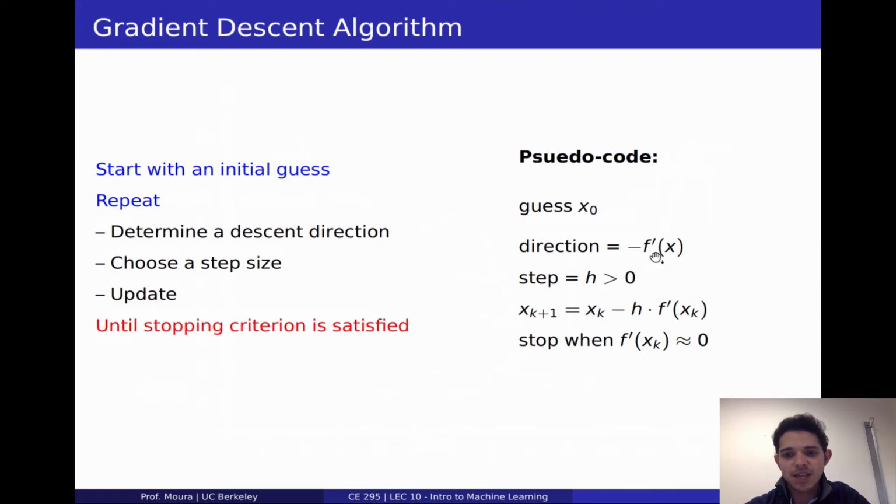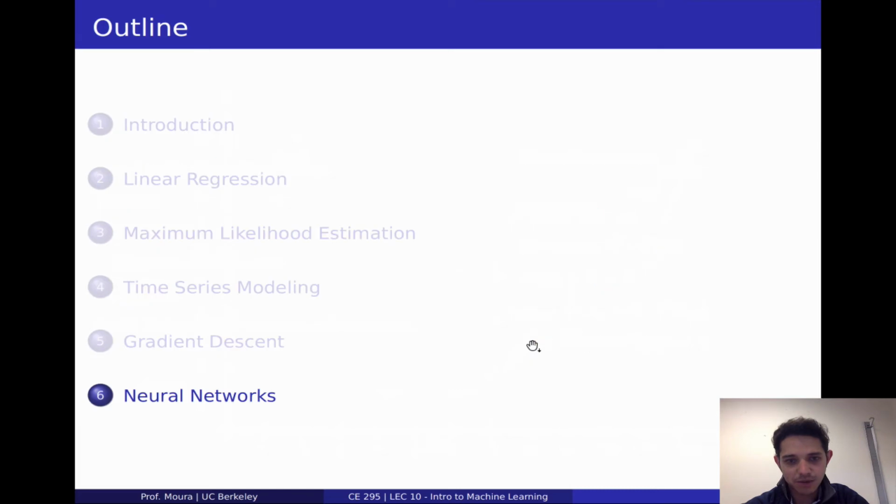If it's a scalar function, it'd be minus f prime of x, evaluated at your current iterate, x sub k. Then you take a step of size h, again in the direction of decreasing cost. Your update is x of k plus 1 equals x sub k minus h times the gradient of your objective function evaluated at your current iterate. You keep repeating this process and stop when the gradient becomes nearly 0.